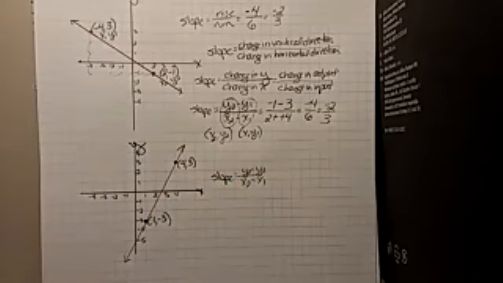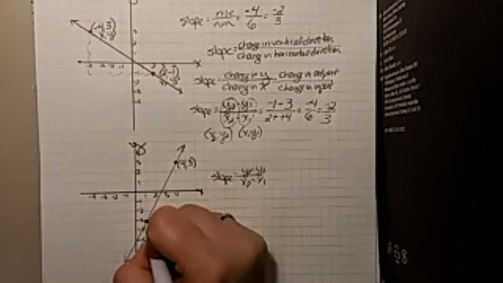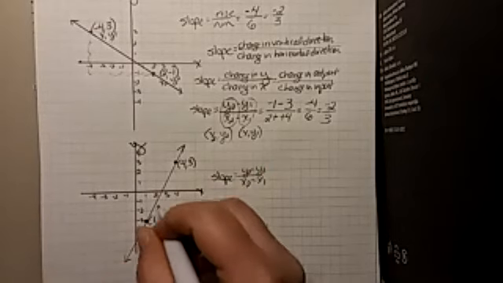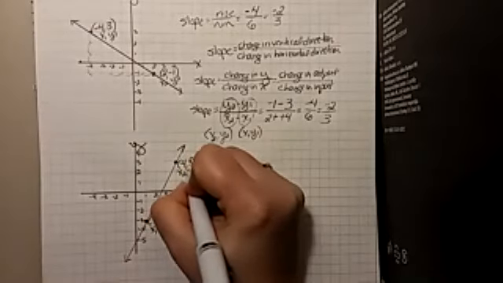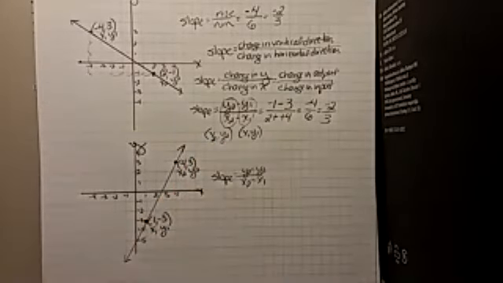I'm going to call this one x1, y1. I'm going to call this x2, y2. Try it going the other way if you want. You will get the same answer. So it does not matter which one you label x1, y1 and which one you label x2, y2, okay, as long as you are consistent.